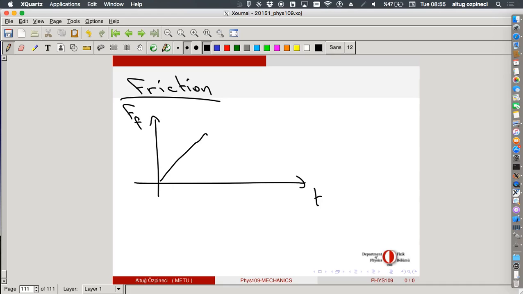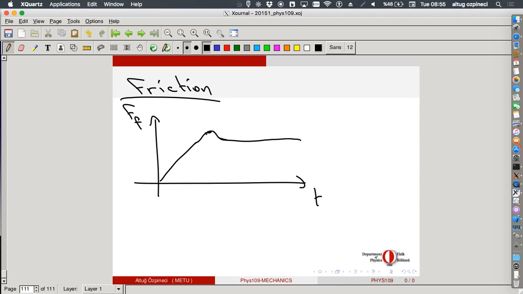That means that when I reach this maximum value, although the applied force by my finger is constant, the net force should be non-zero because it's accelerating. So the friction force should have dropped somehow. It just drops by a small amount.